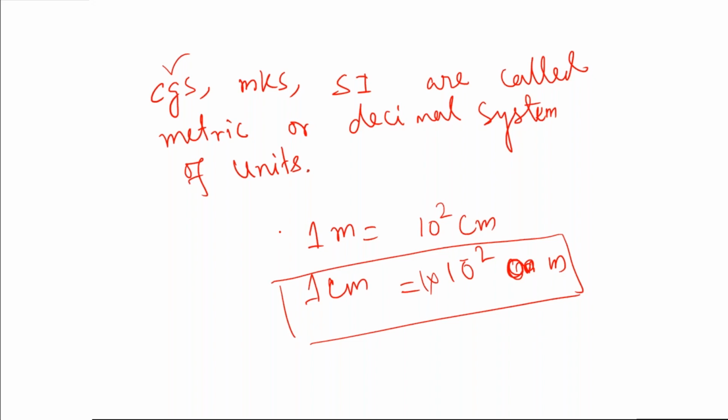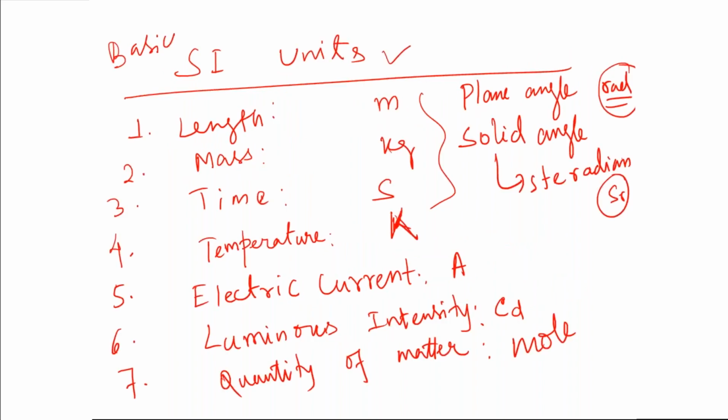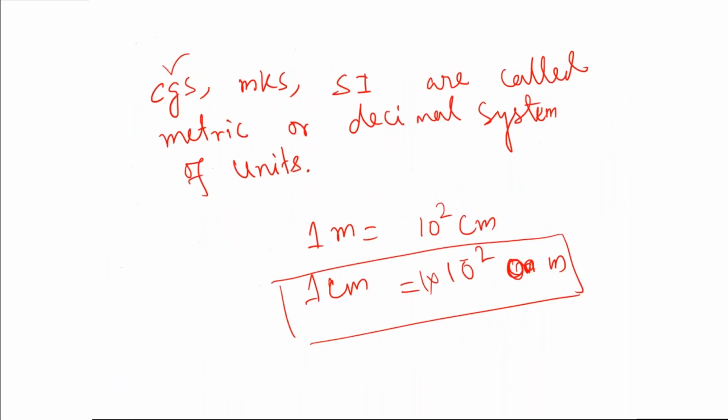Let us define all of this. In the SI unit system, basic units are 7 units, so we'll be defining one by one.